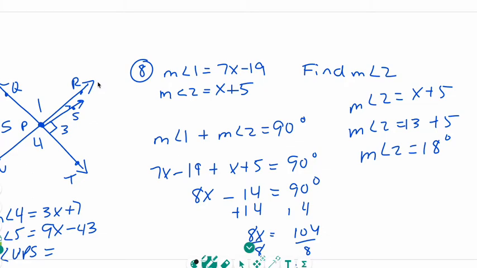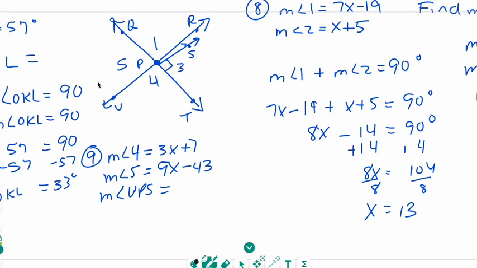All right, using the same diagram, we're trying to figure out what angle UPS is. My diagram's not drawn quite to scale like yours is, so use your diagram. So we know that angle 1 and angle 4 are vertical.